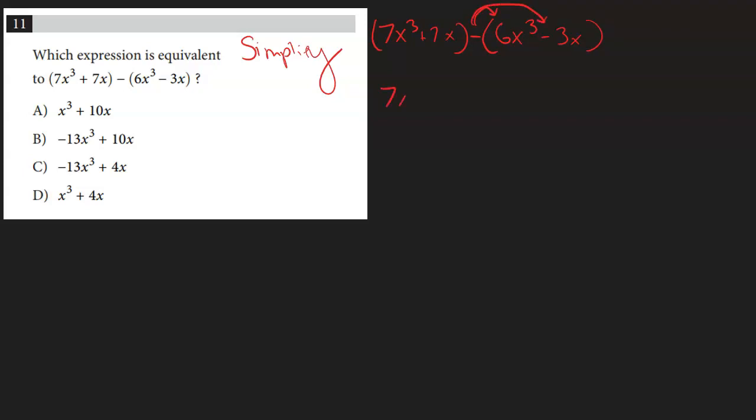So we're going to get 7x cubed plus 7x minus 6x cubed plus 3x because it's a negative times another negative, creating a positive. And so just solve. So 7x cubed minus 6x cubed is x cubed, and then 7x plus 3x would be plus 10x. So you're going to get answer choice A.